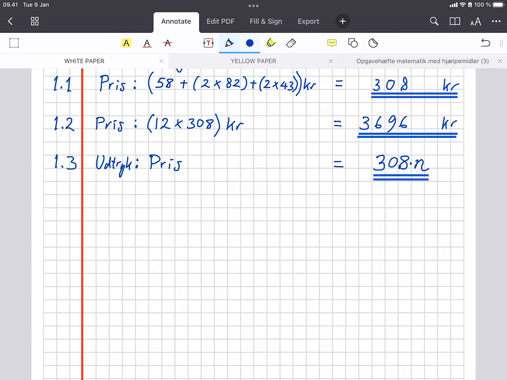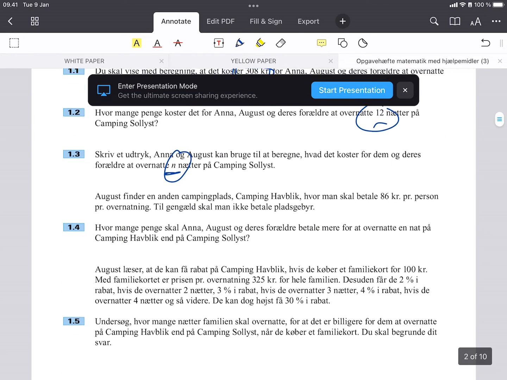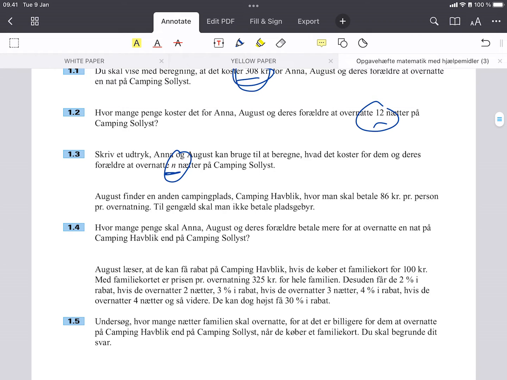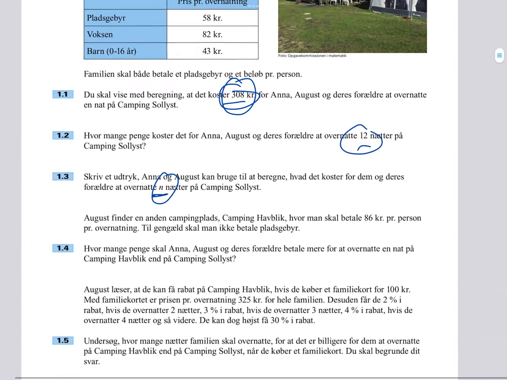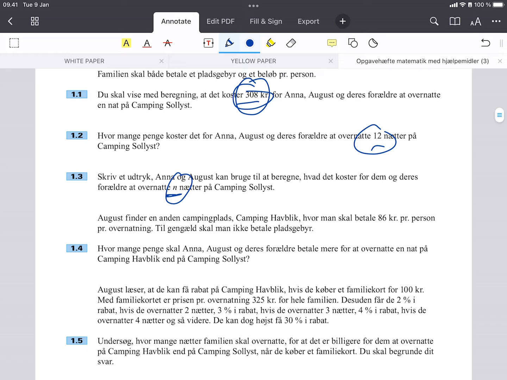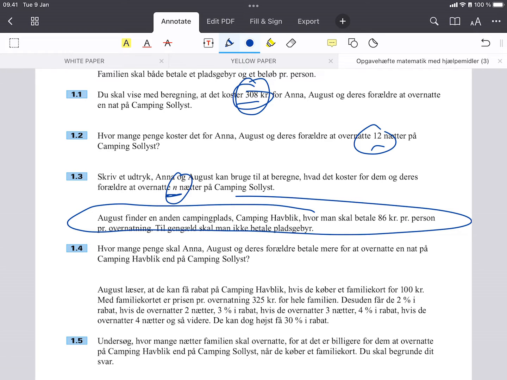And then let's go on to question 4. How much money do Anna, August and their parents pay more for an overnight stay at Camping Halblick than at Camping Sollust? Oh, there's some other information there that I haven't read. So let's just read the whole thing. It says, August finds another campsite, Camping Halblick, where you have to pay 86 kroner per person for overnight stay.